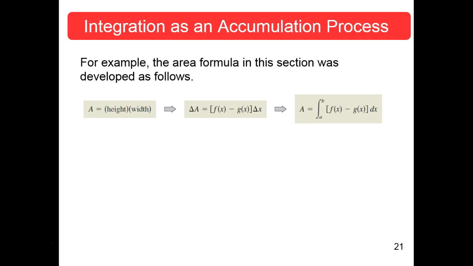So your total area A will be the integral, the summation, of all these height times width of all those rectangles from a to b. Okay, that's what we did. Nothing too magical about it, but it makes pretty good sense. Hopefully it does to you.